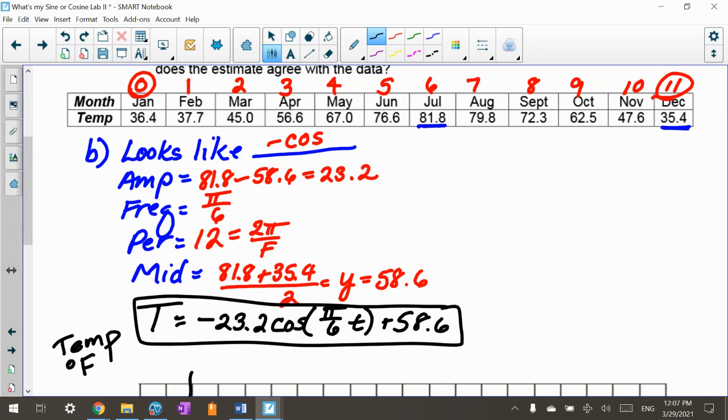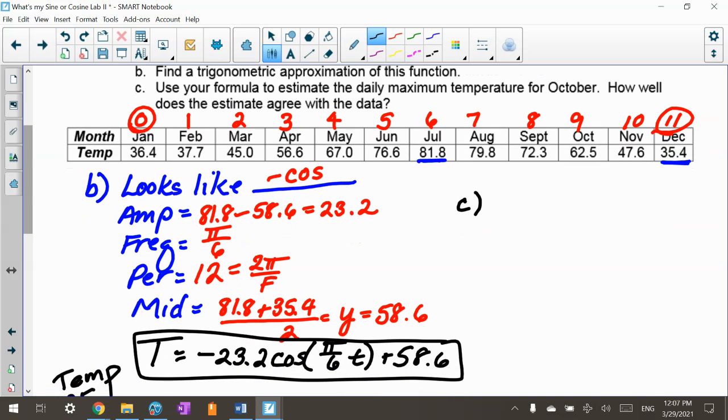For part C, use your formula to estimate the daily maximum temperature for October. You've got to be careful, October is 9. Then you want to see how well it fits the data. So I'm going to plug a 9 in the T spot: the temperature is negative 23.2 cosine of pi over 6 times 9, plus 58.6.